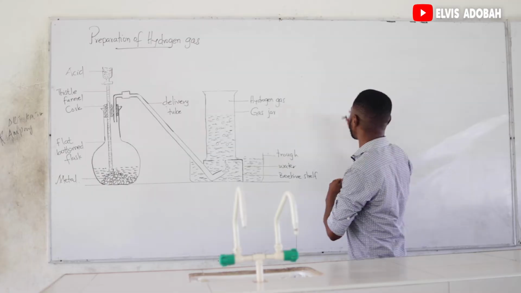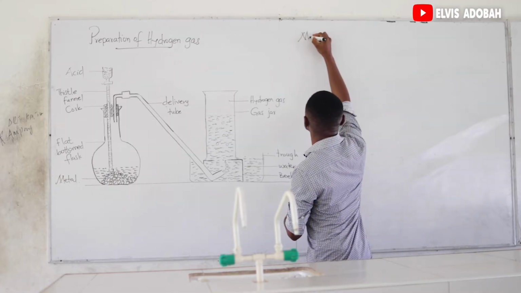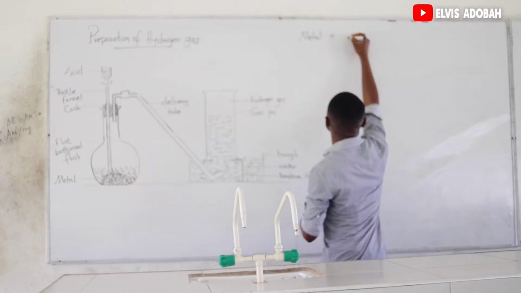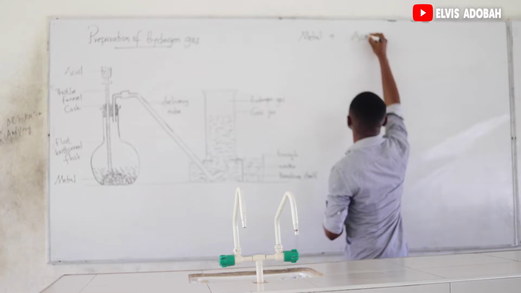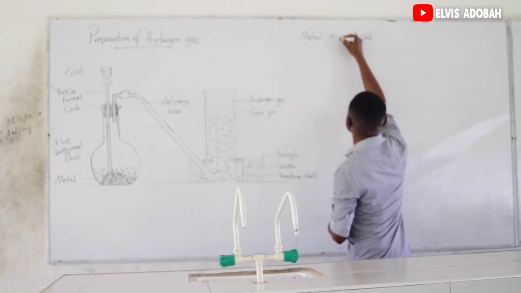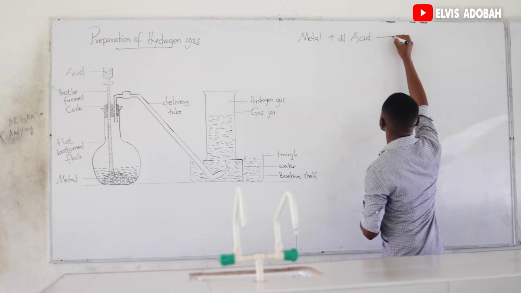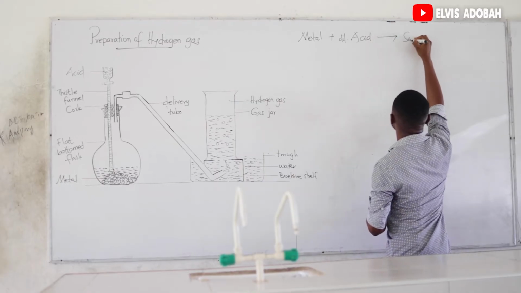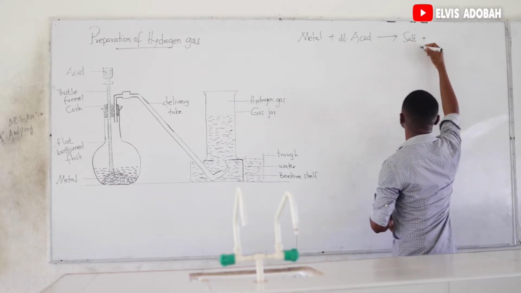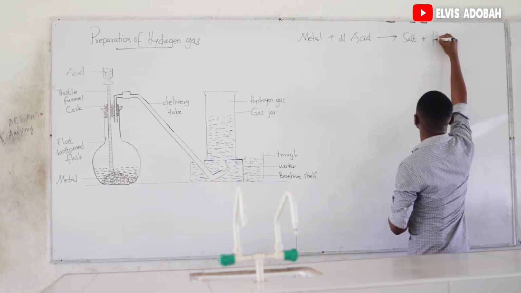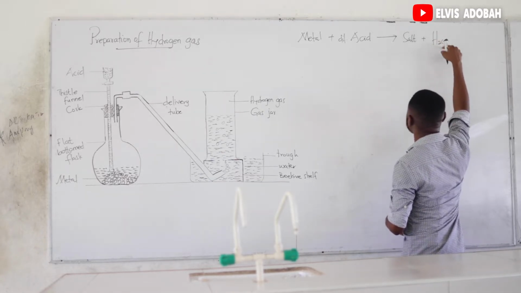Well, I said it earlier on that a metal would react with an acid, in fact, a dilute acid, to form a salt, then liberate or produce our hydrogen gas.